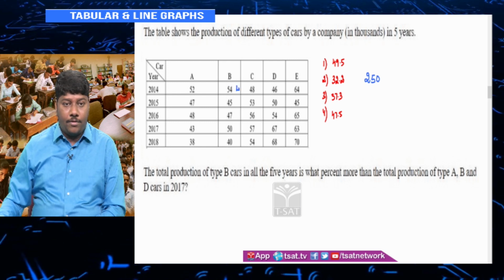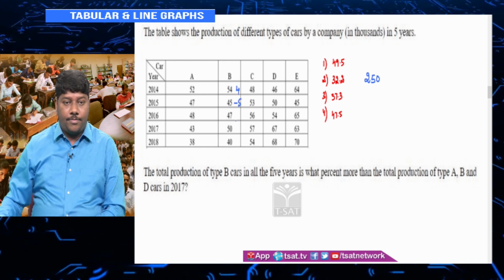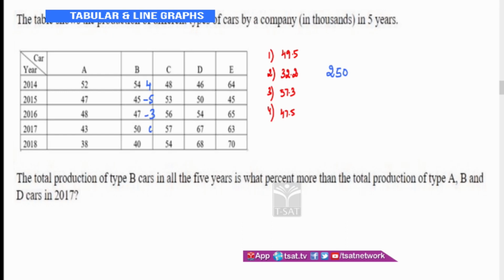Therefore, this is plus 4, minus 5, minus 3, that's 0. This one is minus 10. I would say minus 18 plus 4 is actually minus 14. Therefore, the entire data gives you 236.